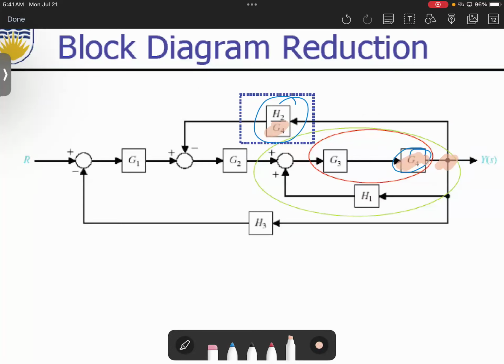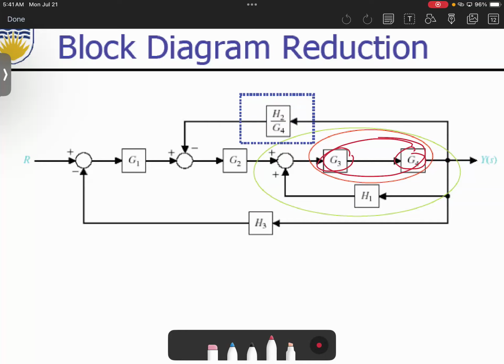Now, the next thing is to try to do more reductions. Let's look at the orange circle. We can see that G3 and G4 can be together, right? After that, look at the green circle. They are a closed loop, correct?